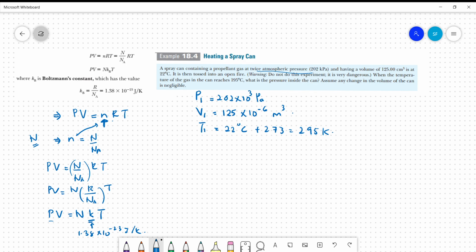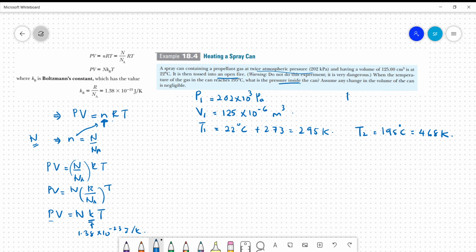When tossed into open fire, we expect that the temperature will increase. When the temperature of the gas reaches 195 degrees Celsius, so T2 equals 195 degrees Celsius, in Kelvin it equals 468 Kelvin. So the question is, what is the pressure inside the gas?